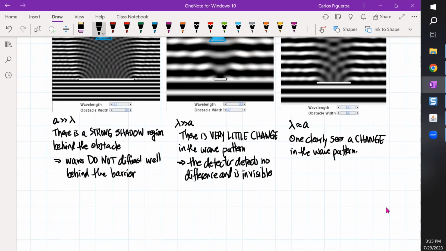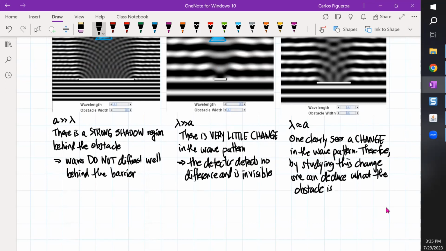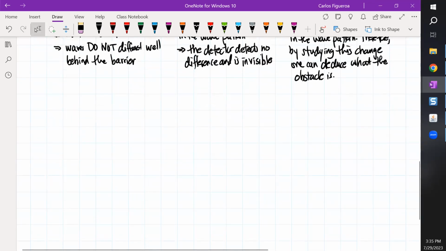And therefore, by studying this change, one can deduce what the obstacle is. So that's a very fundamental of how the diffraction parameter really plays a role in this.